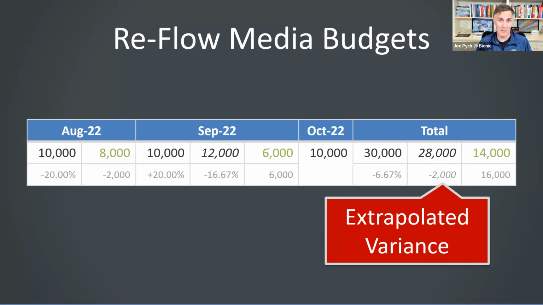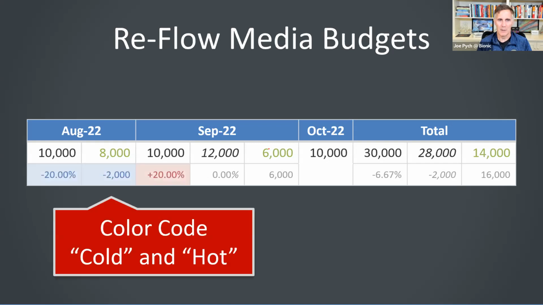So this is a really simple example, but if you start to have a bunch of placements and flighting and everything else, this can get really complicated really fast. Another tool that we have built in here is that, as you're looking at this in the media plan, you'll see color coding.